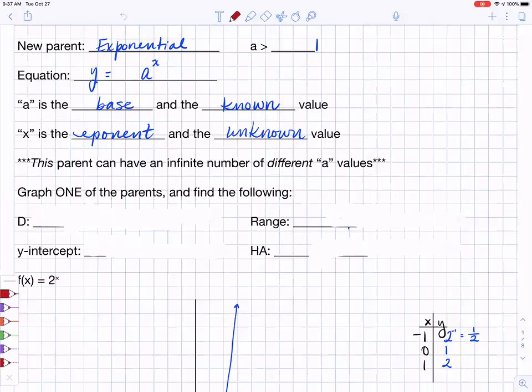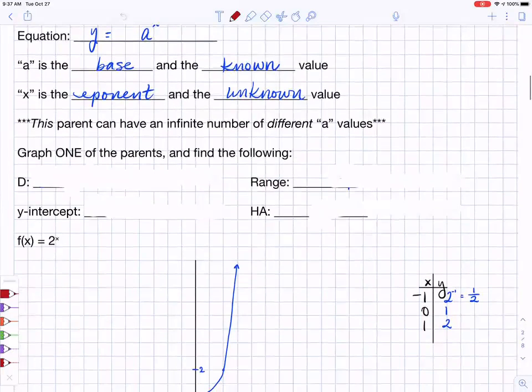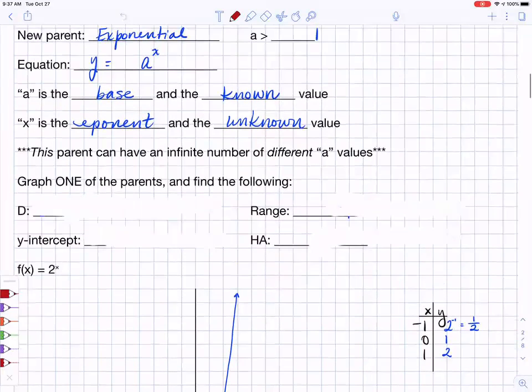The exponential parent, y equals a to the x. This parent's a little different. You see the stars there? Because he can have an infinite number of different a values. So my parent might look like y equals 2 raised to the x. Or maybe my parent will look like y equals 4 to the x. Or y equals 1/3 to the x.